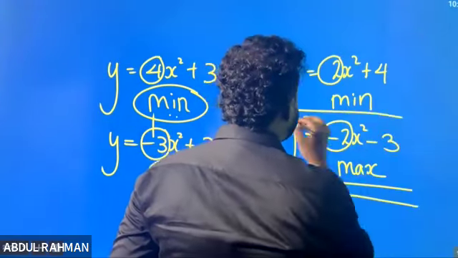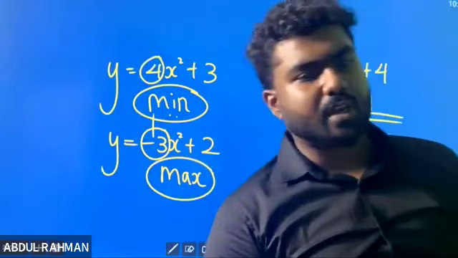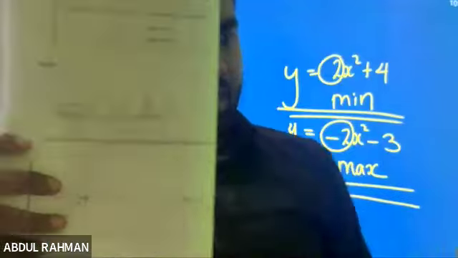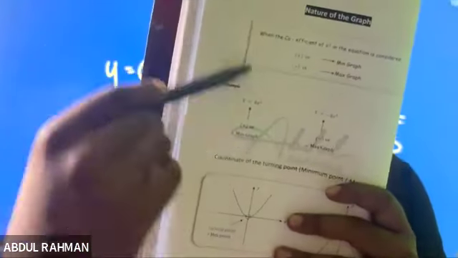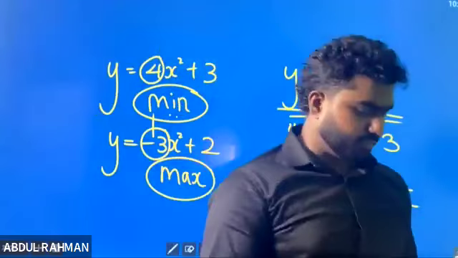Yes, you have understood the first theory. The first theory is the nature of the graph. We are done. I have given the short note in the tute. If it's positive, it is minimum. Negative, it is maximum.